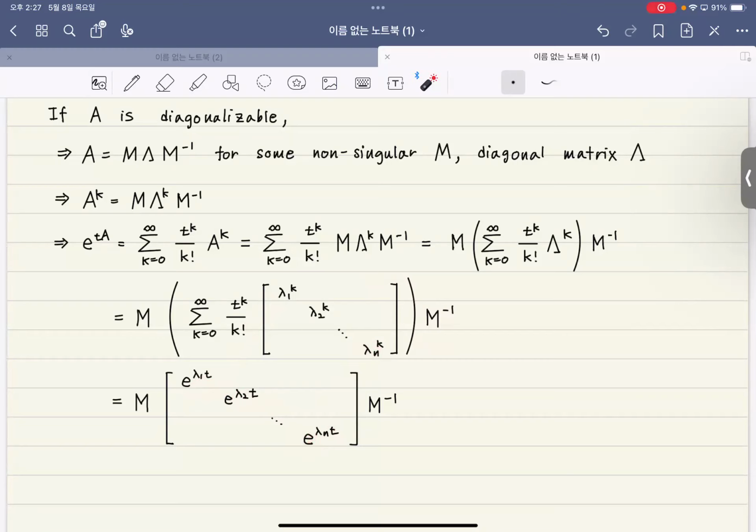Great. So this is my matrix exponential. If matrix A is a diagonalizable matrix, then you can easily compute the matrix exponential.